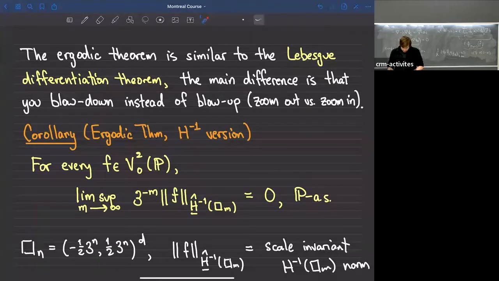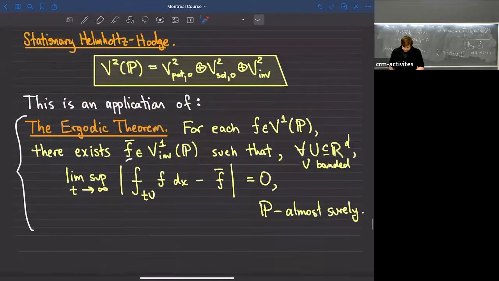Okay. So I need to tie all this together. The ergodic theorem says something about spatial averages of functions. If you know about the spatial averages of the gradient of a function, then you can recover the function kind of by integration. In fact, if you know about the spatial averages of the gradient, like let's say f was grad phi, and you knew all about the spatial averages of the gradient, then you would know the H-1 norm of that function actually.